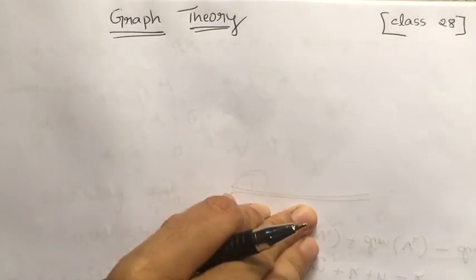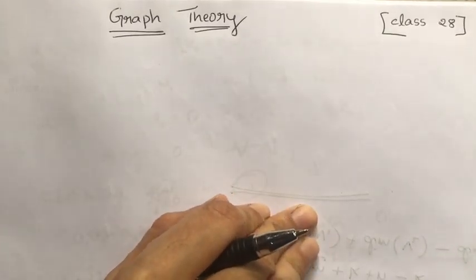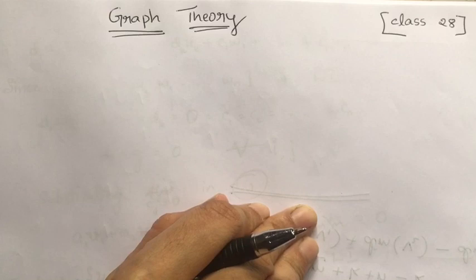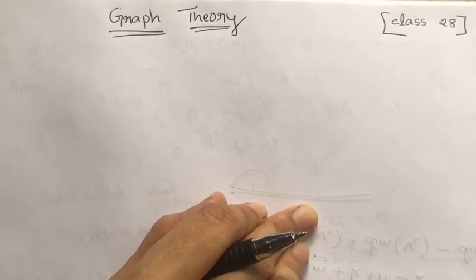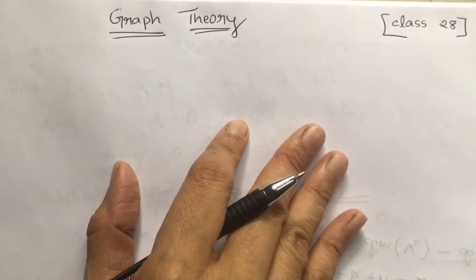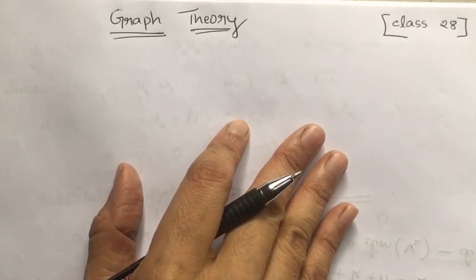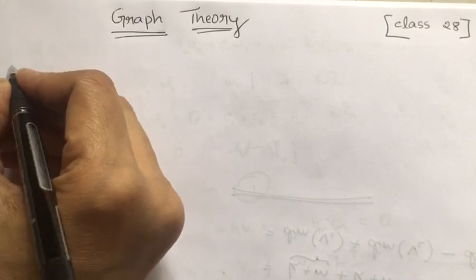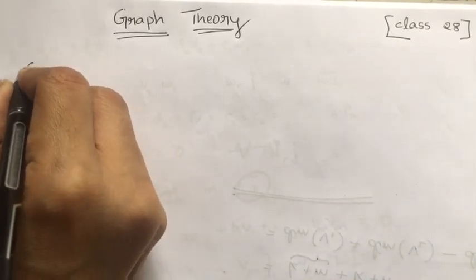Today's class, let us learn 3 more types of matrix representation of a graph: cutset matrix, path matrix, and adjacency matrix of a graph. First one, cutset matrix.